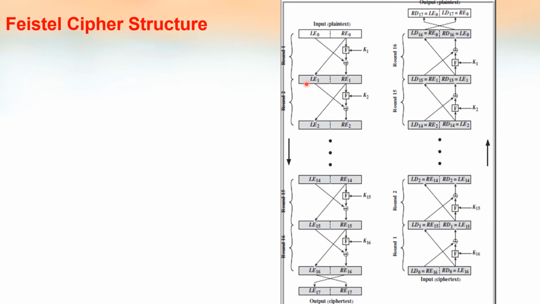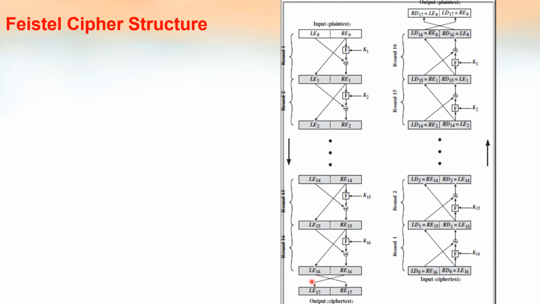Likewise, the left half LE1 is equal to RE0, which we give directly. Similarly, how do we obtain RE2? It is LE1 XOR F of RE1, K2. Each round does the same step.